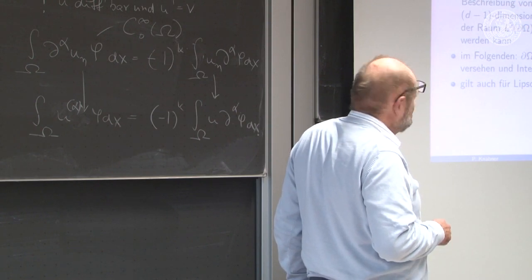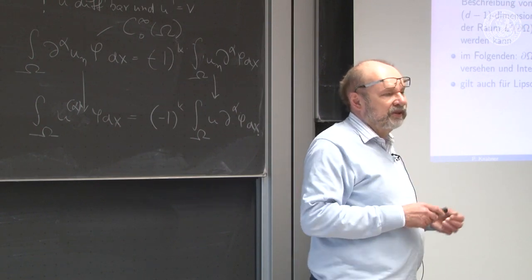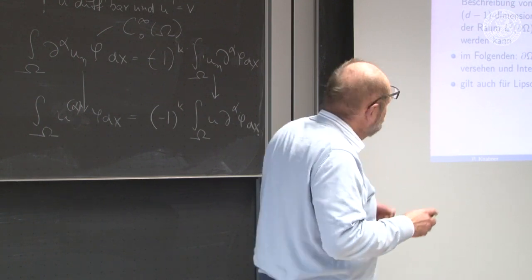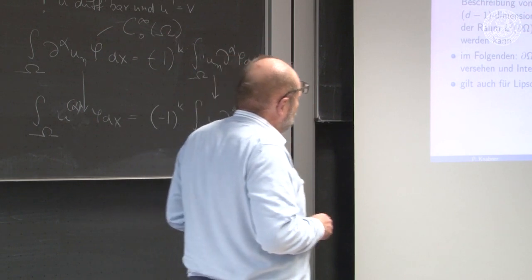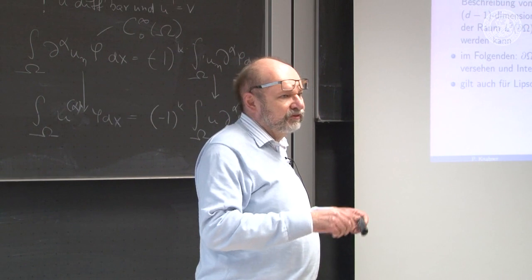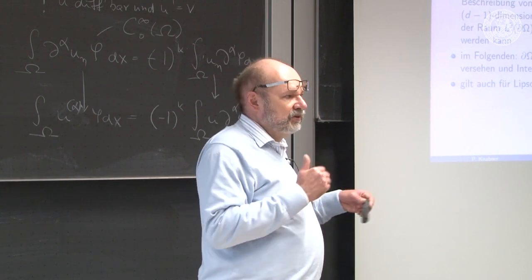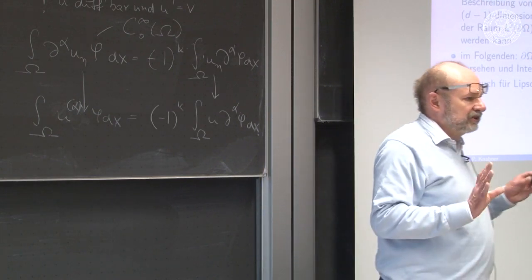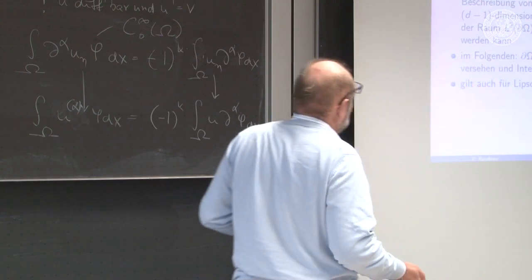I think we avoid it to a large extent, but of course you can also think of Sobolev spaces. Then of course you have to define derivatives in local coordinates on these hypersurfaces. So we have to do analysis on manifolds. I try to avoid this to some extent.